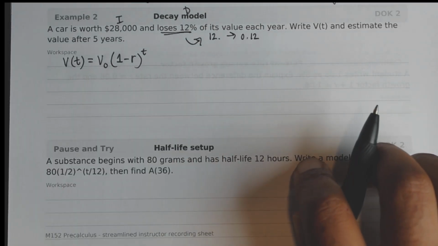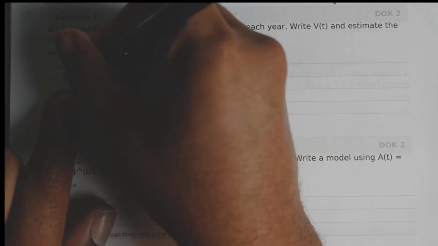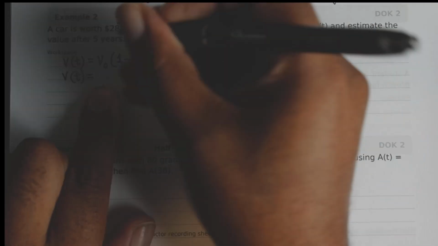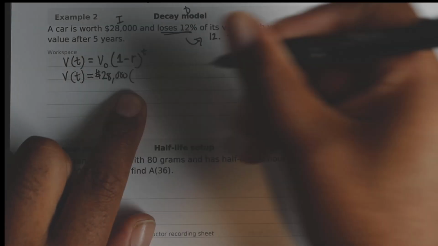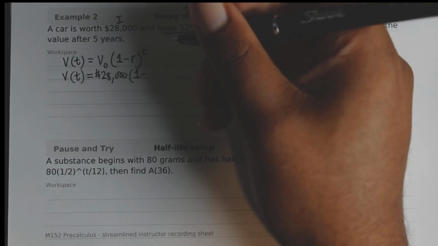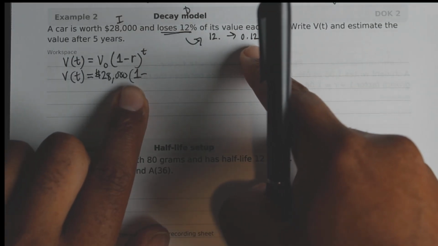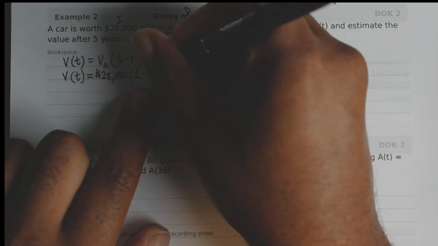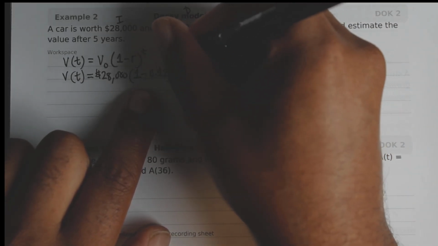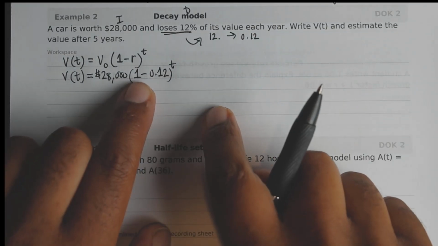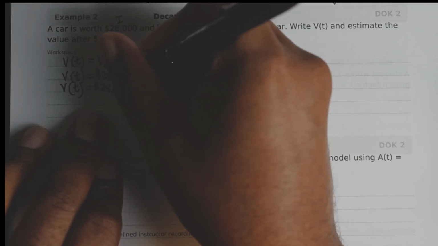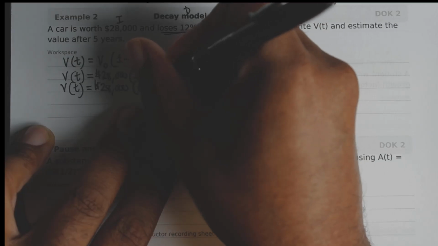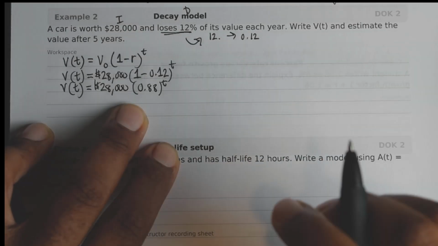So using that information, V(t) equals the initial, which is 28,000, times (1 minus the percentage that it loses, 0.12) raised to the power of t. When we subtract this amount, we end up with 28,000 multiplied by 0.88 raised to the power of t.